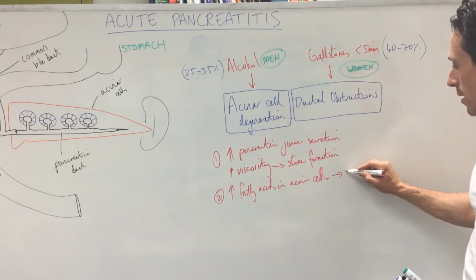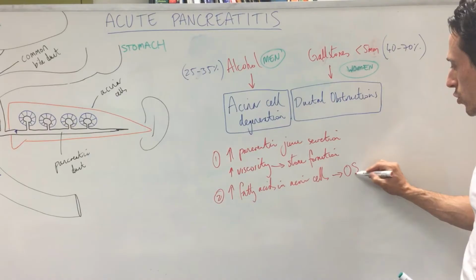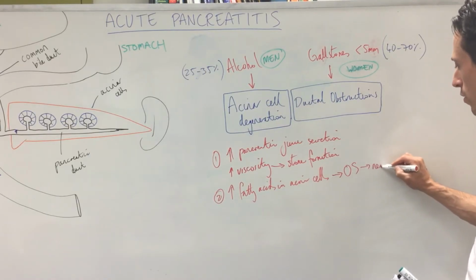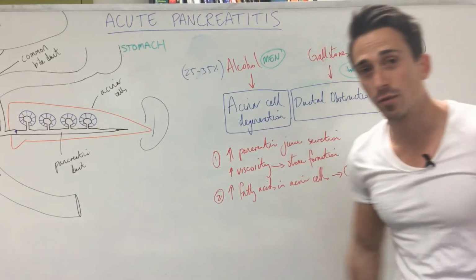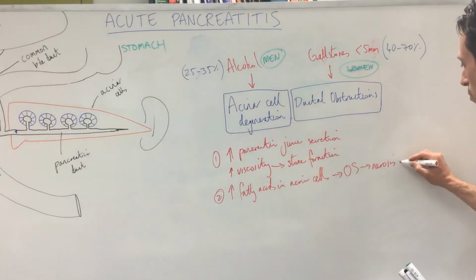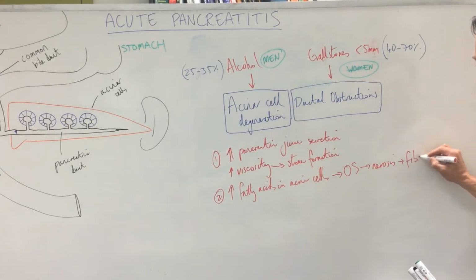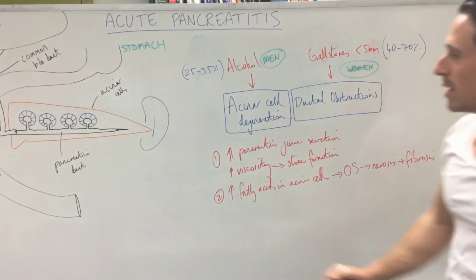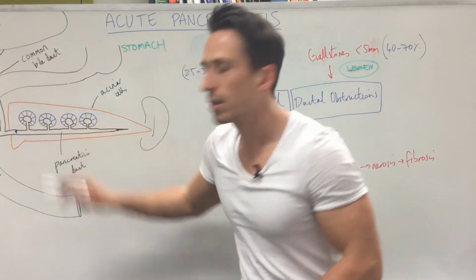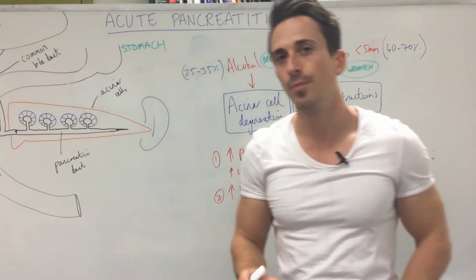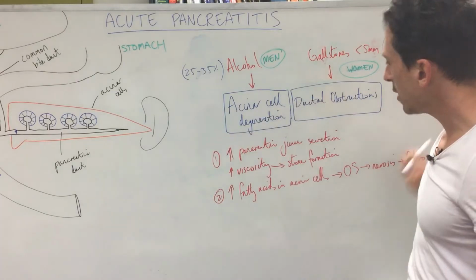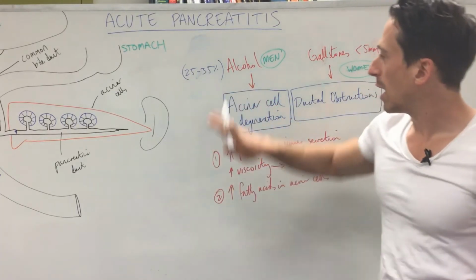So you can say oxidative stress, which can result in necrosis, and necrosis can therefore result in scarring and fibrosis. Now, if you have scarring and fibrosis, this scarring can block up these ductules and ducts as well. Okay, so these are some of the major causes or effects of alcohol.